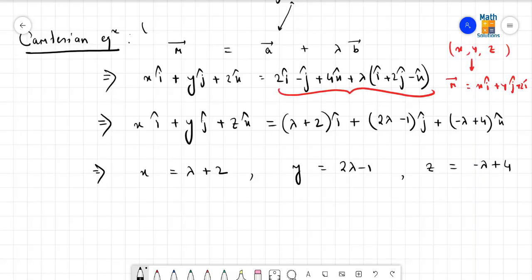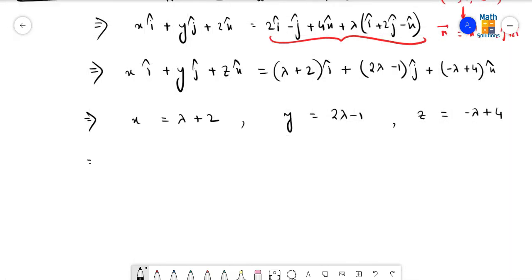Keeping lambda alone on one side, we get lambda is equal to x minus 2. Then lambda is equal to y plus 1 by 2, am I right? Then lambda is equal to what could be written?